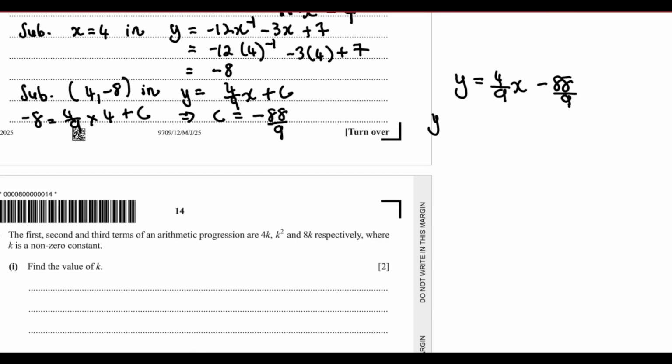Now simply multiply by 9. You'll have 9y minus 4x plus 88 is 0.